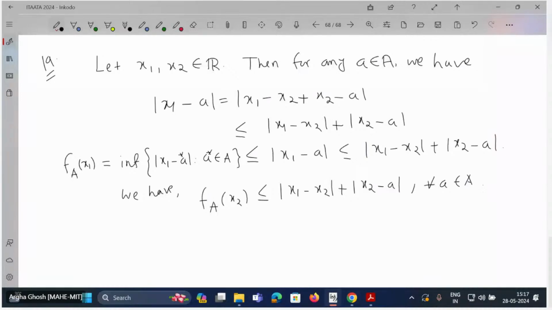Now that means what? If you forget about this, then mod of x2 minus a has a lower bound, this set. So from there we can say that x1 minus x2, this value, okay, I should write it the other way, one more step.